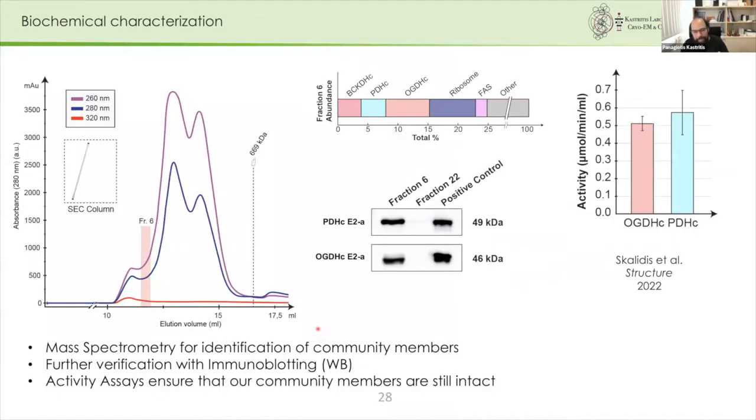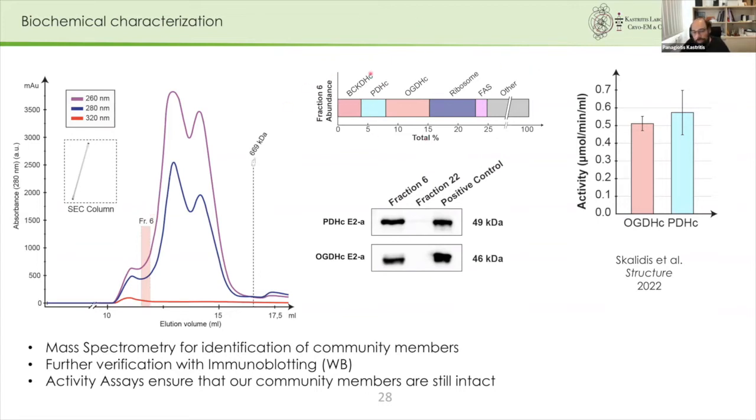So again, here I'm showing the biochemical data, which are very important for the interpretation, because of course we need our reproducible gel filtration profile to get the fraction of interest where we want to do our further analysis.